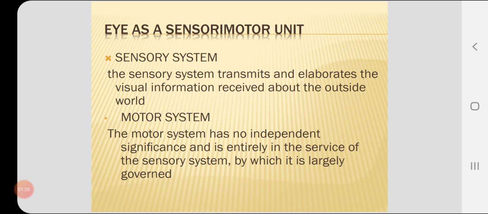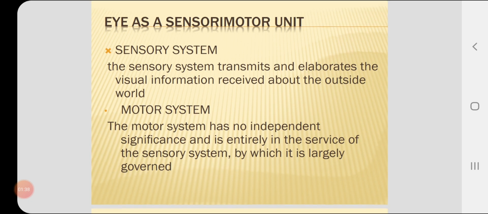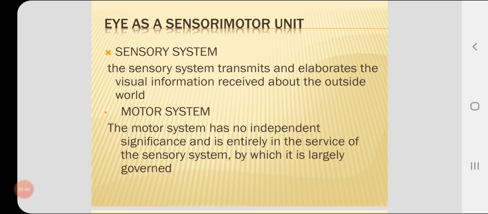The motor system has no independent significance, and it is only for the service of the sensory system. That is, it helps the sensory system to view. Our motor system is the oculomotor system, that means the movement of the eyeballs.